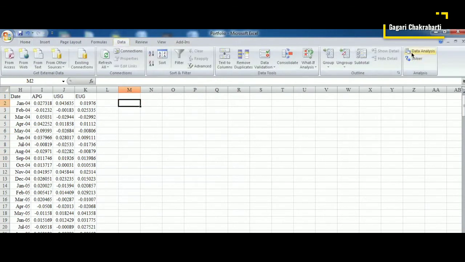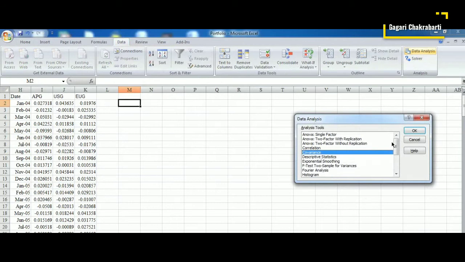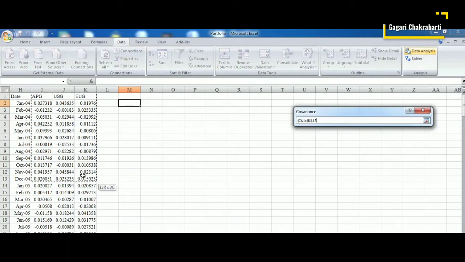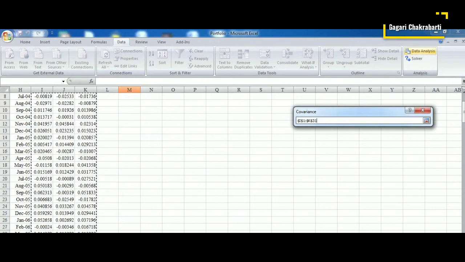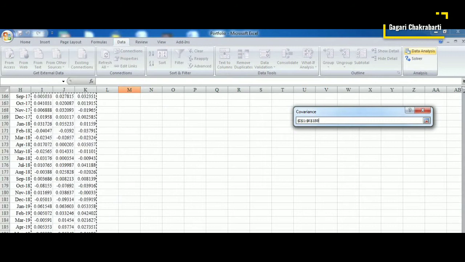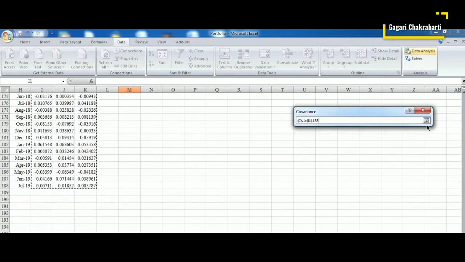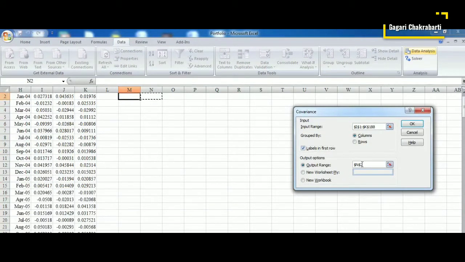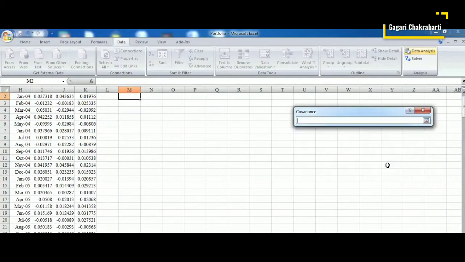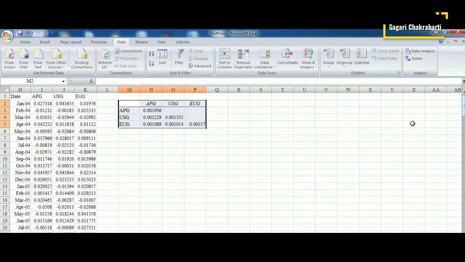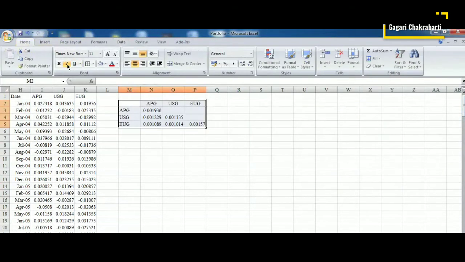For the construction of the portfolio, we shall start from the variance-covariance matrix. So we use covariance from the data analysis. We input the entire data set as our input range. Our data set has labels in the first row, and then we specify the target cell or the output cell. This is the variance-covariance matrix.